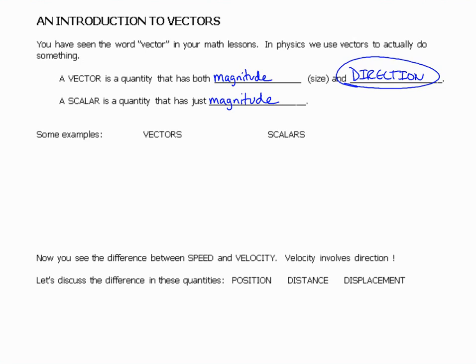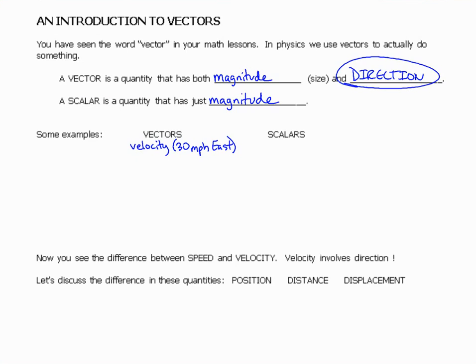Some examples of vectors include velocity. So an example of a velocity could be 30 miles per hour east. This has both magnitude and a direction.